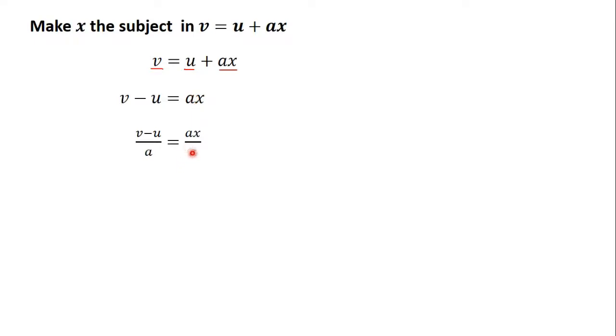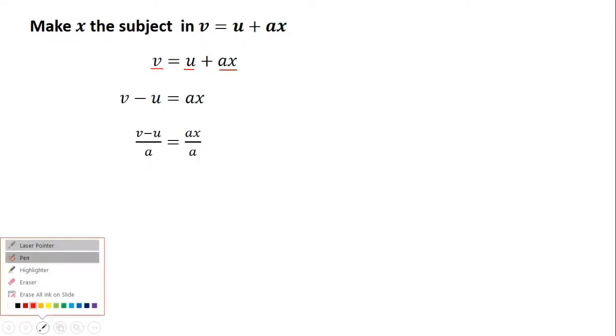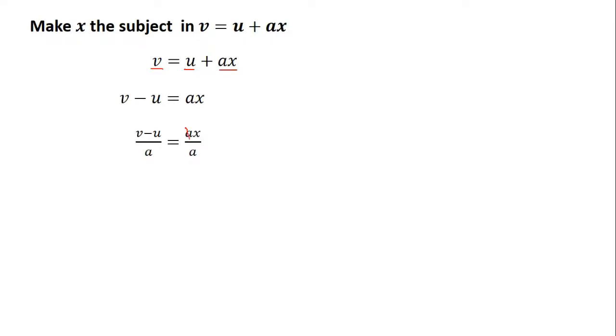So from here we can see that a will cancel a, giving us x, and the left hand side is going to be v minus u divided by a. So x is equal to v minus u divided by a.